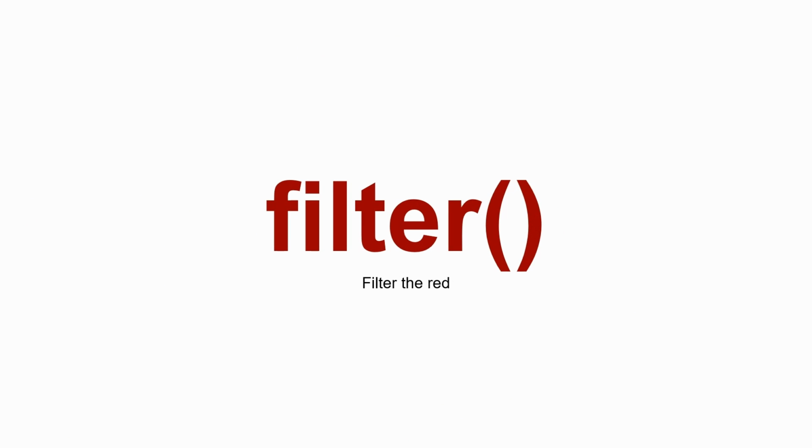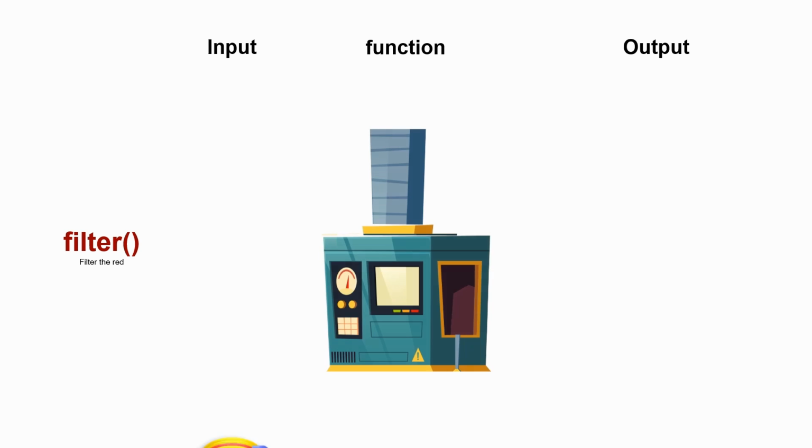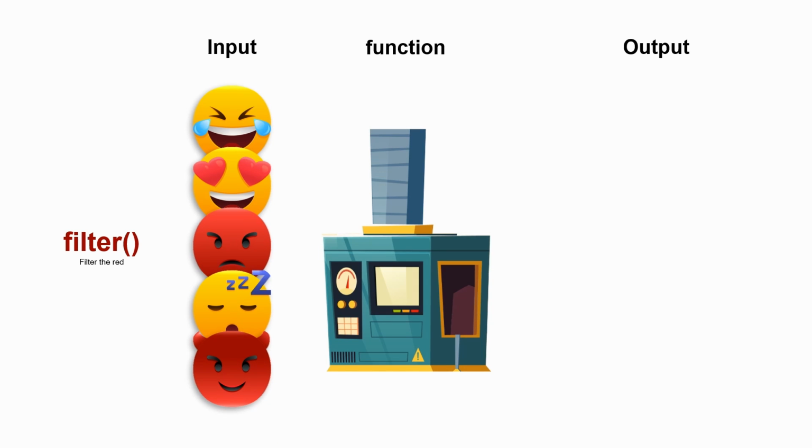Now the filter function simply filters out the array elements, and the filter logic is written inside the function. For this illustration, we are demonstrating how to filter the red emojis. Let us see. The input array is the same as something that we have supplied earlier, and just like all other array methods, the filter function also takes care of one element at a time.